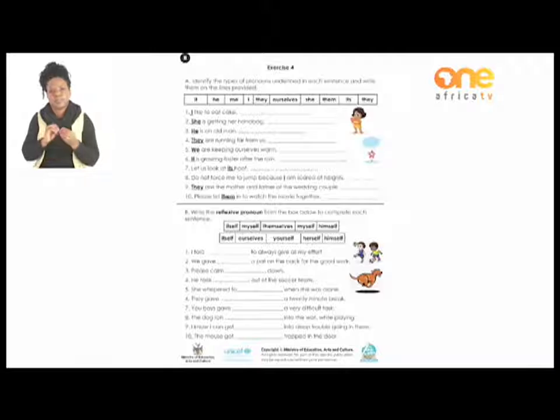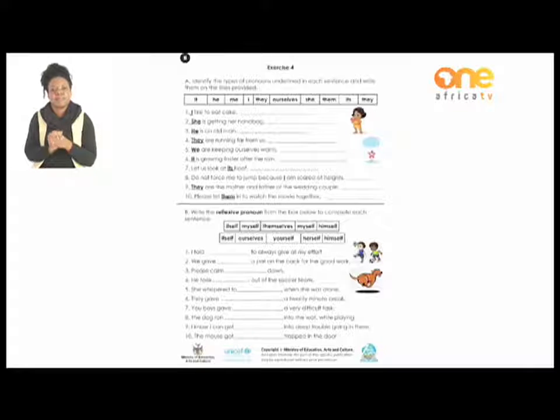Number 1, I told to always give all my effort. So you are going to fill in the blank spaces with the type of reflexive pronoun. I'm going to fill that one for you. I told, who? Myself, to always give all my effort.